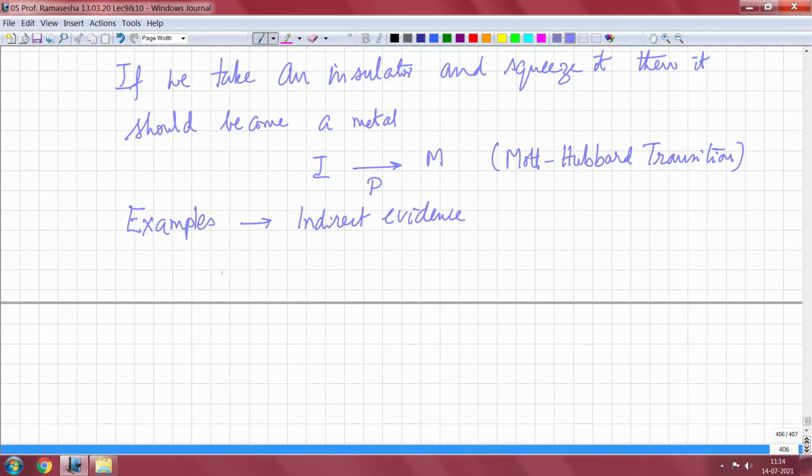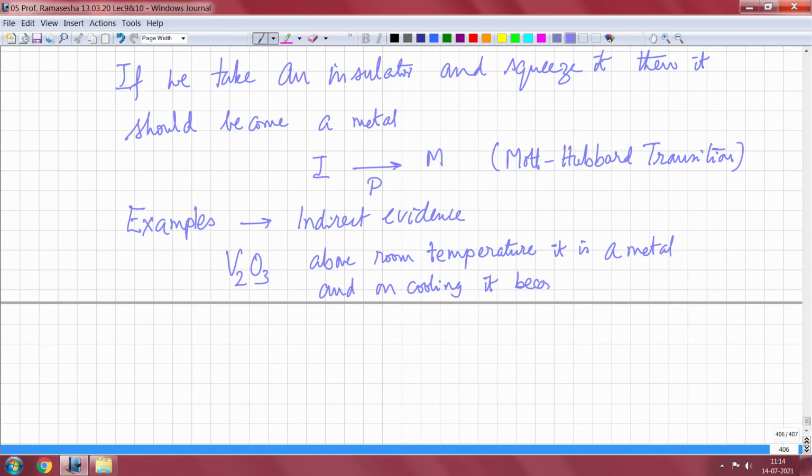For example, you take V2O3, above room temperature, it is a metal, and on cooling it becomes an insulator.